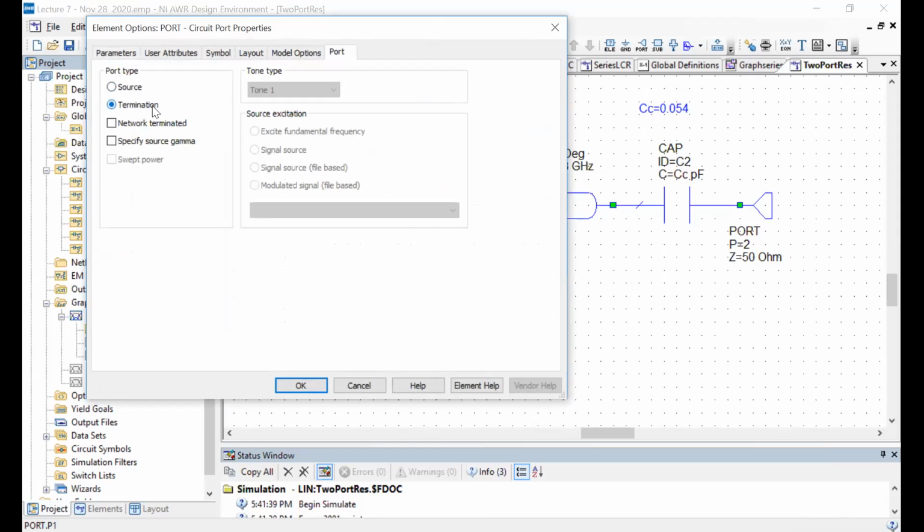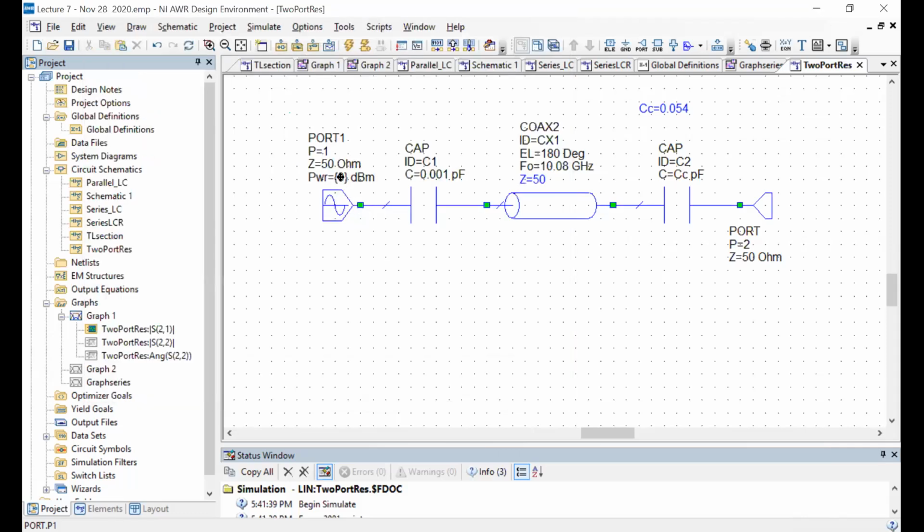By default it is always a termination, which seems to imply that this is just a 50 ohm resistor terminating that boundary, and you're not doing a nonlinear calculation, so you don't need an exact value of the power. But if you change this to a source, then you get an additional quantity here which lets you set an actual power.